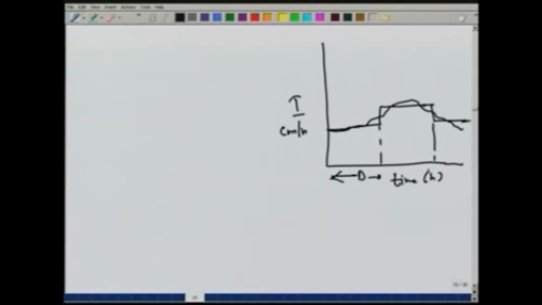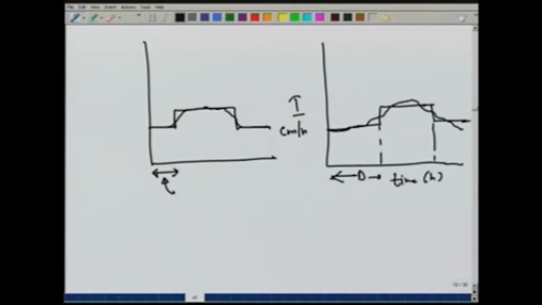But if the rainfall cannot be idealized like this, suppose the rainfall looks like this, then we may be able to idealize it like this, in which the intensity of rainfall is a constant for a duration which is, let us say, smaller than d or not a multiple of d.